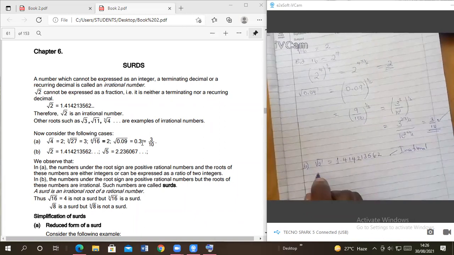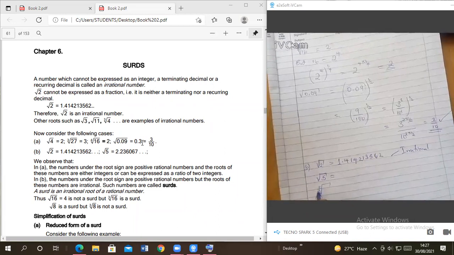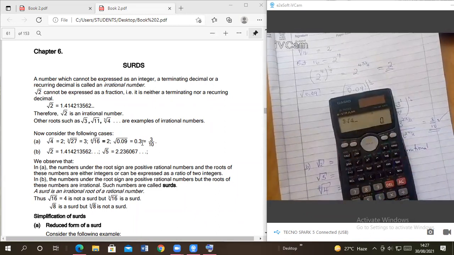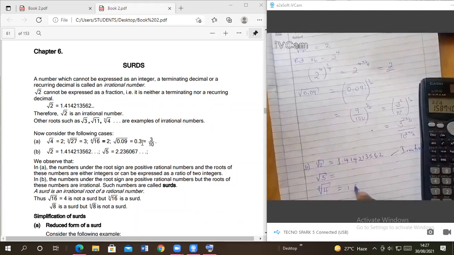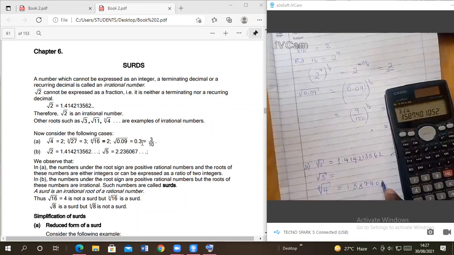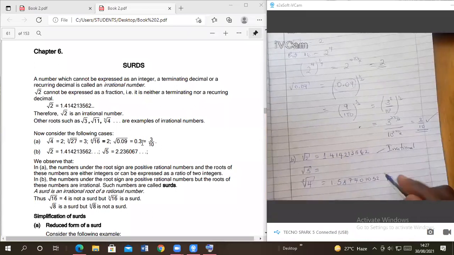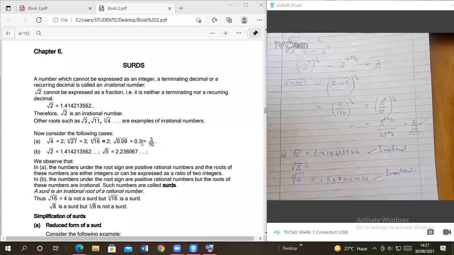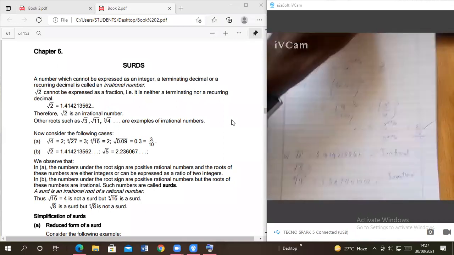Irrational. Even root of 5, you cannot get its square root exactly. When you look at the cube root of 4, you find that we get 1.5874010 and so on. You cannot change it to a fraction. So this one is also irrational. Are we together on that, members?